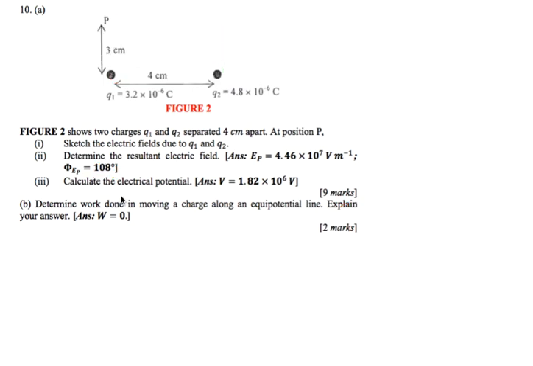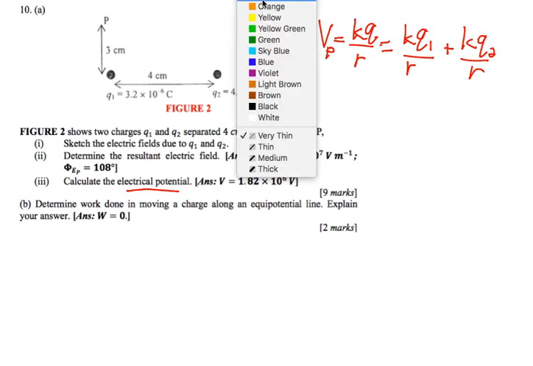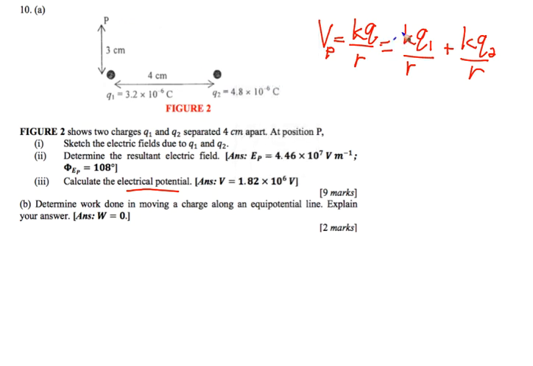Question number 3 is to calculate the electric potential. As you know, the electric potential equation is V equals K Q over R. You have two charges here, so the electric potential at the point P is K Q1 over R plus the second charge, K Q2 over R. K is the constant, 9 times 10 exponent 9.